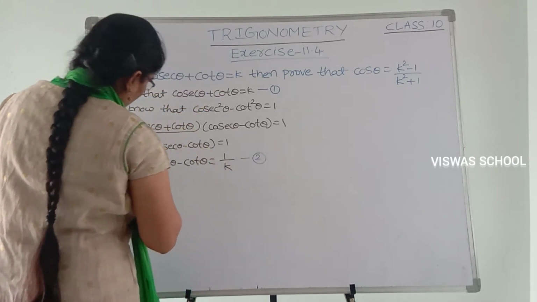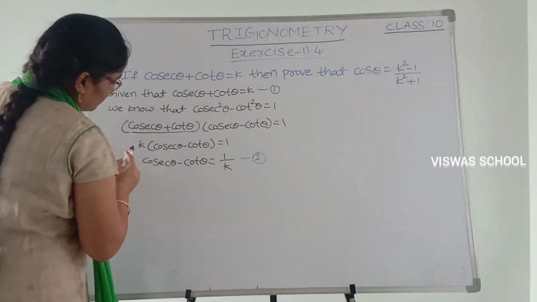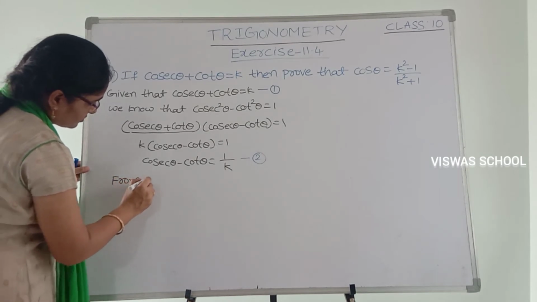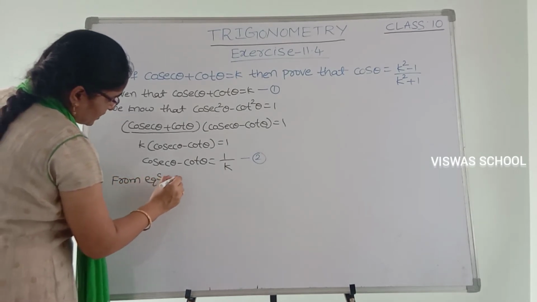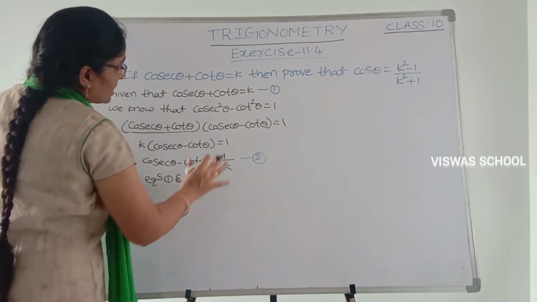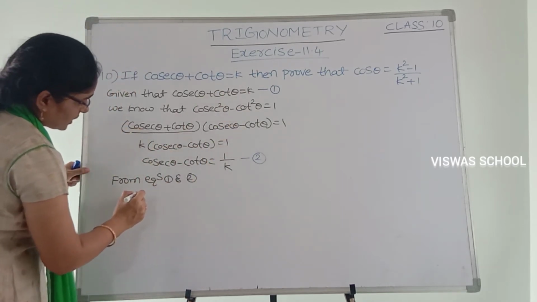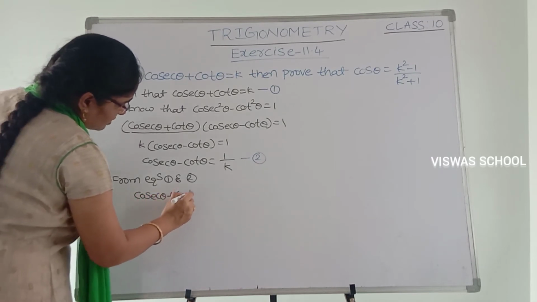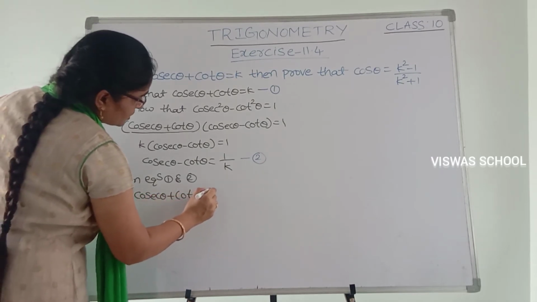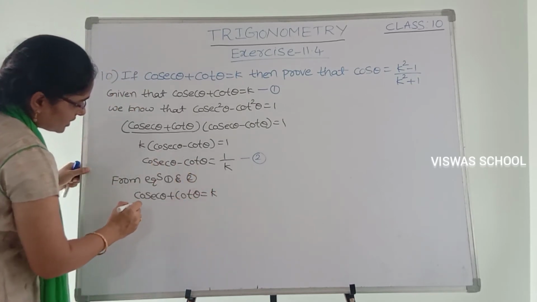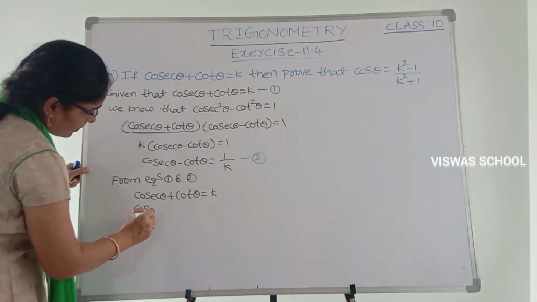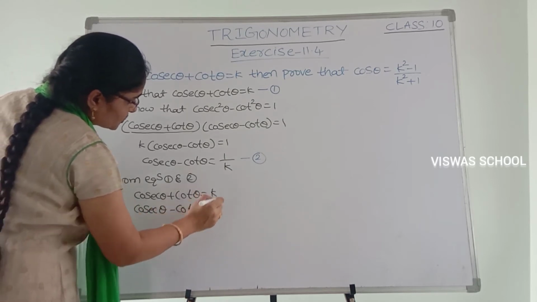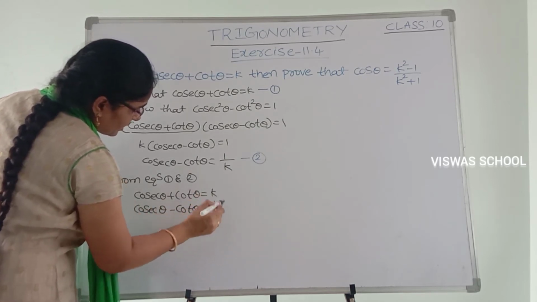Let it be equation 2. From equations 1 and 2: the first equation is cosec theta plus cot theta is equal to k, and the second is cosec theta minus cot theta is equal to 1 by k.